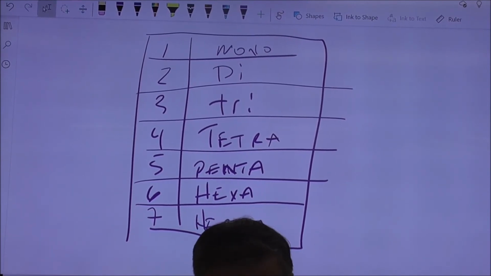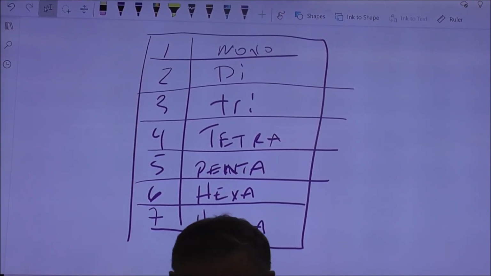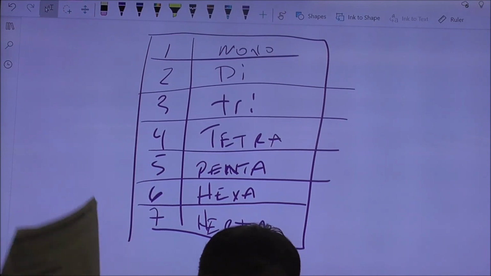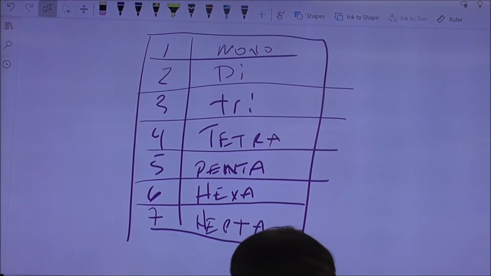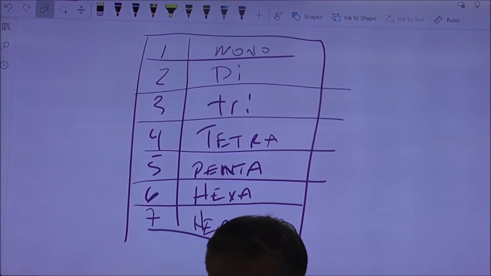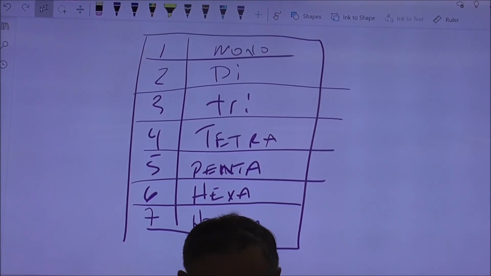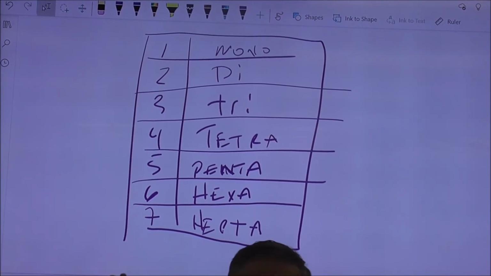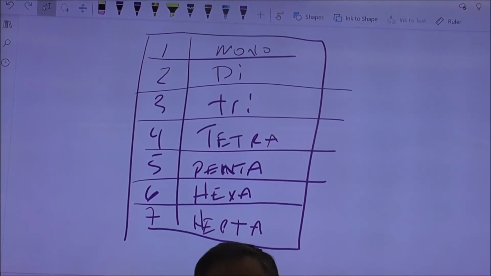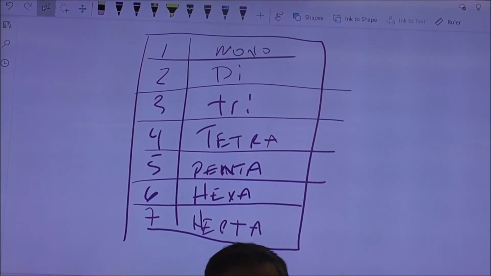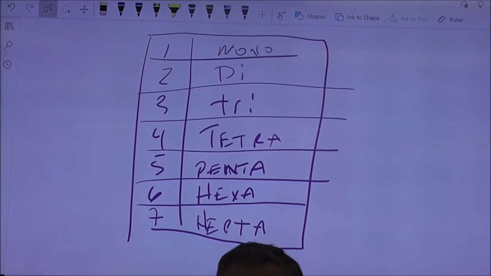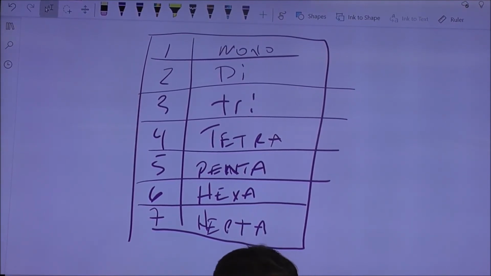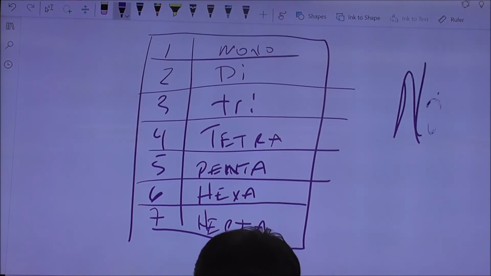Okay, on page 13 of the packet, let's talk about that. This just gives you some examples. Here's what's different: when you name molecular compounds, you have to designate the numbers. Say you have sodium chloride, NaCl.